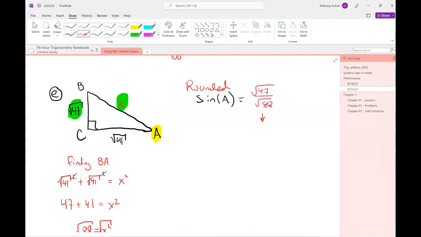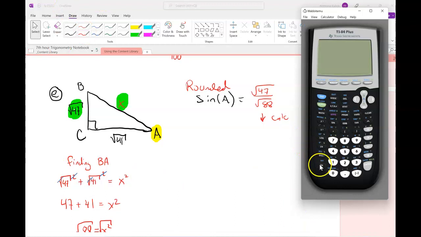And then just go to our calc. So that gives me 0.73 if I want it to the hundredths.